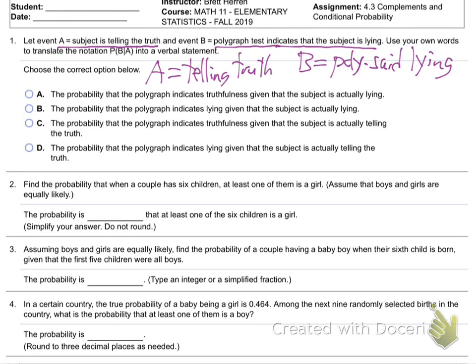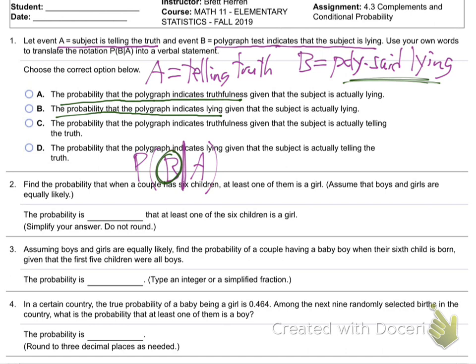So then what does P(B|A), probability of B given A, mean in words? That's what they're asking. Well, let's read through it. It means what's the probability of B? What's B? What's the probability that the polygraph said they're lying? So the probability that the polygraph indicated truthfulness? No. The probability that the polygraph indicated lying?